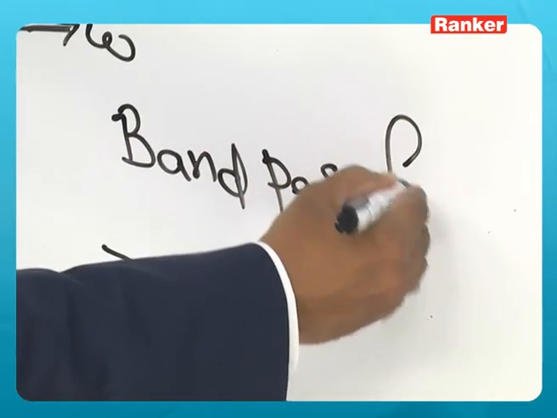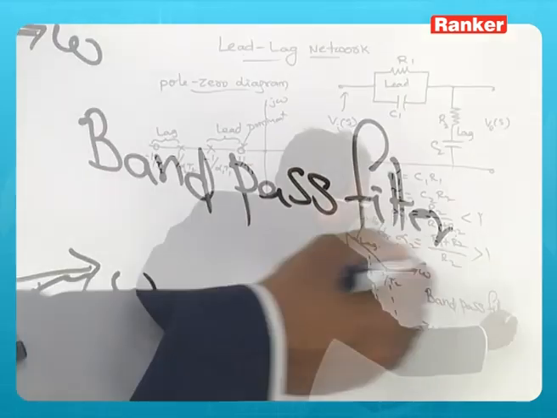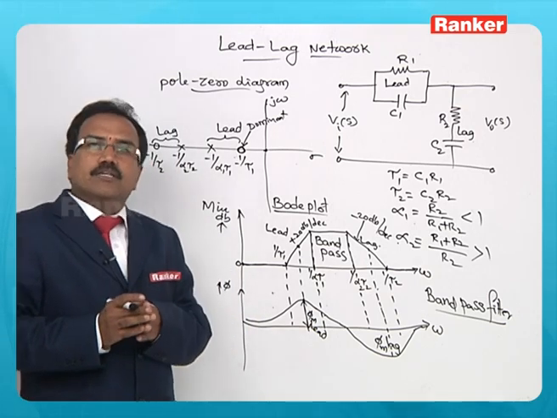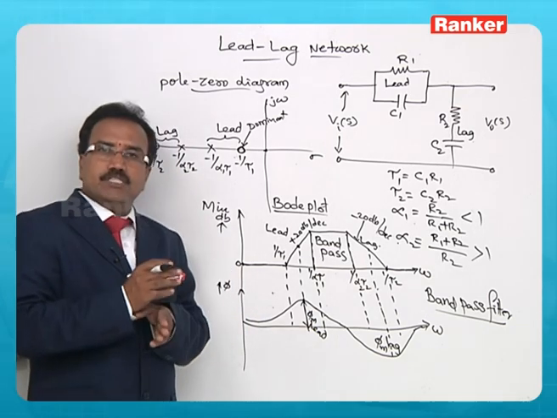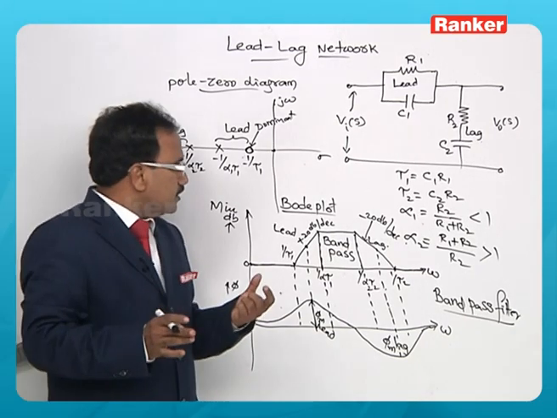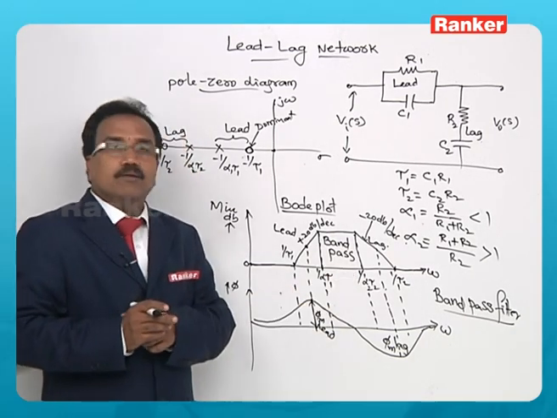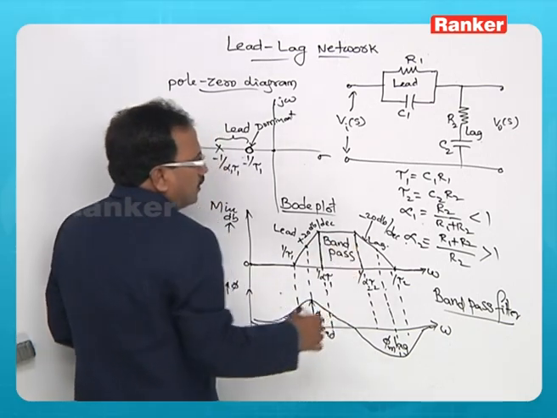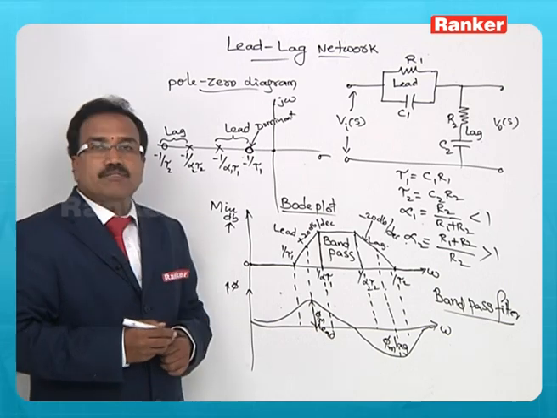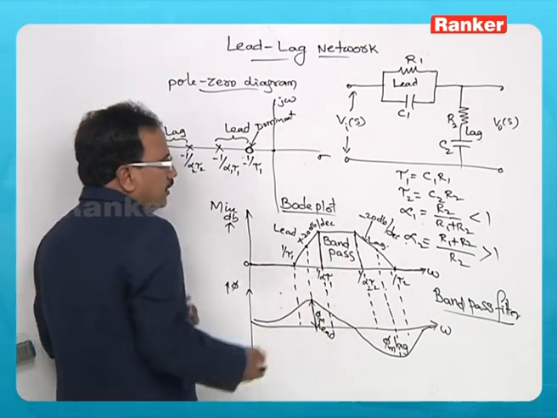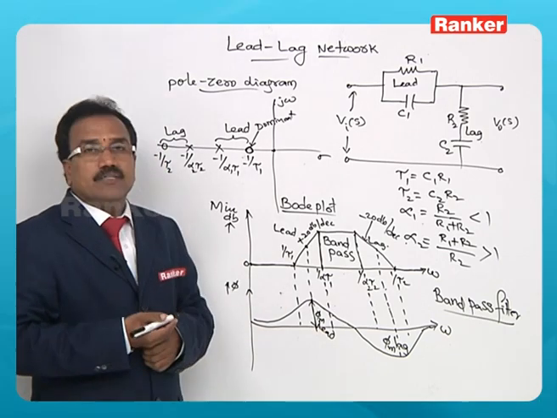The meaning of a band pass filter is that it eliminates low frequency signals and high frequency signals. It selects a certain range, which is called band pass, and the lead lag network is nothing but a band pass filter. So this bandwidth is decided by the parameters of the lead lag network.